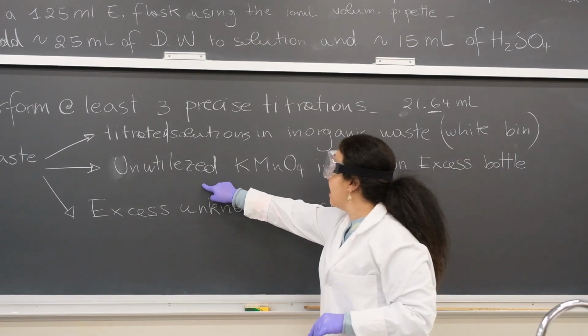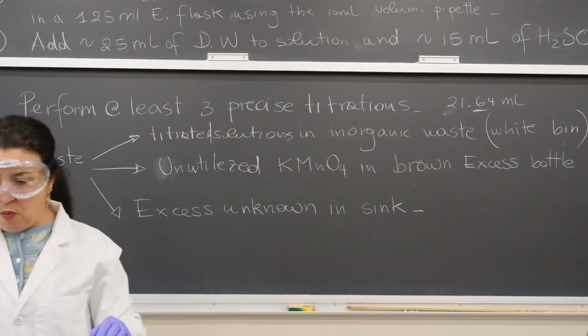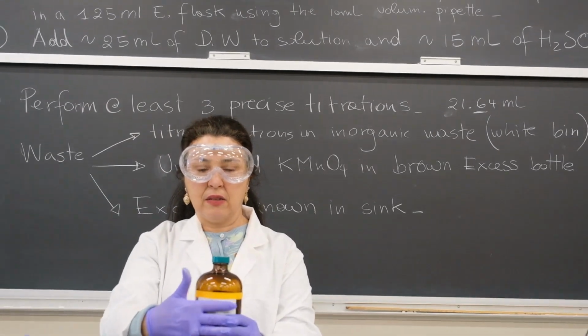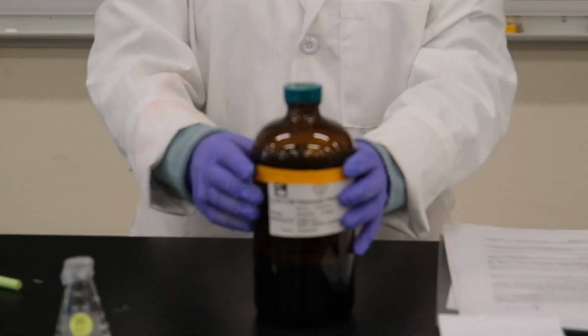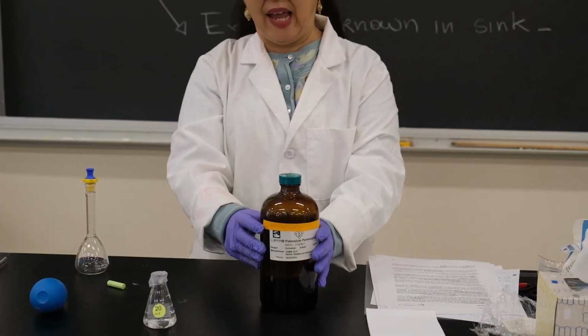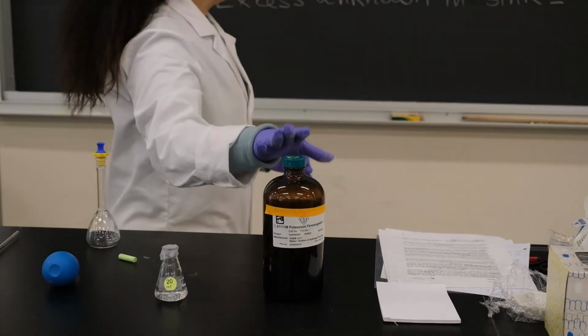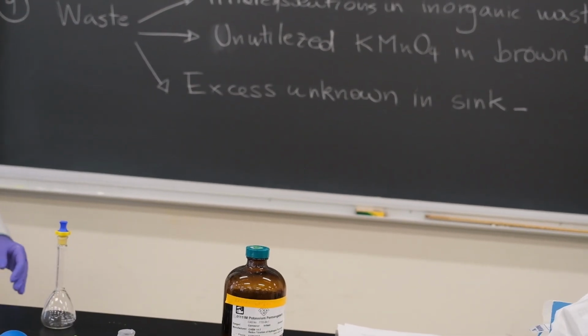The unutilized permanganate goes in the brown bottle that says waste excess. It's not waste. We recycle. We don't want to waste anything, okay? So we recycle in these brown bottles the excess of not utilized permanganate.